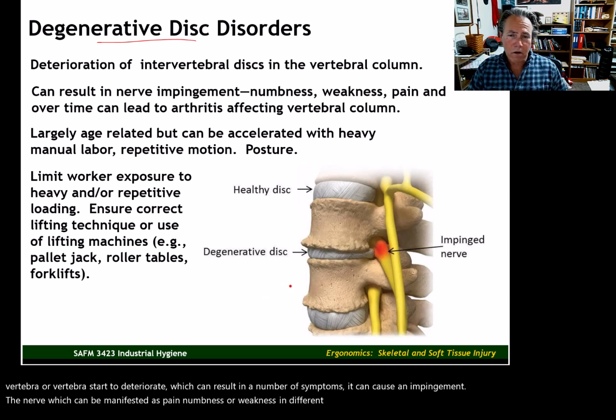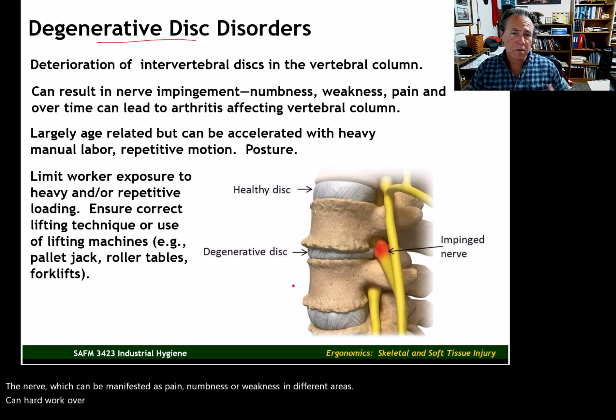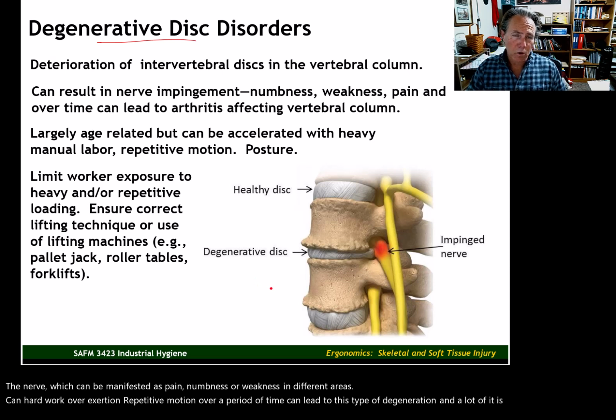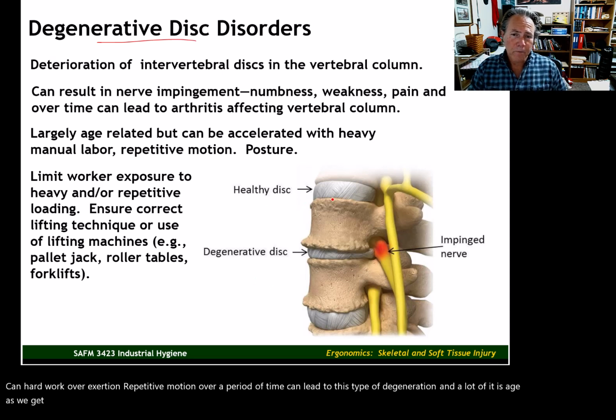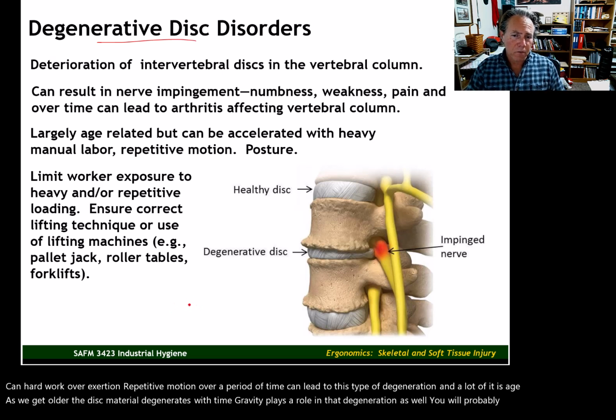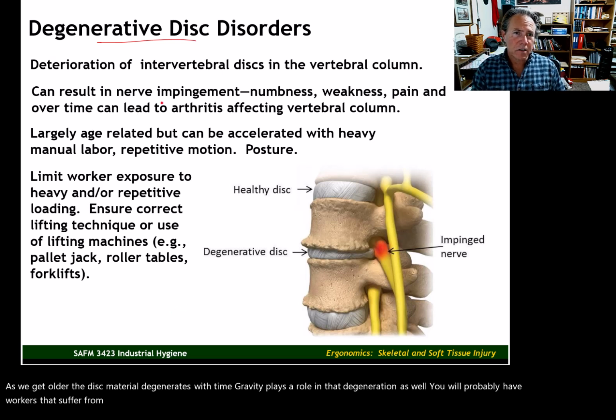Hard work, overexertion, repetitive motion over a period of time can lead to this type of degeneration. And a lot of it is age. As we get older, the disc material degenerates with time. Gravity plays a role in that degeneration as well. You will probably have workers that suffer from some variation of this type of disorder.